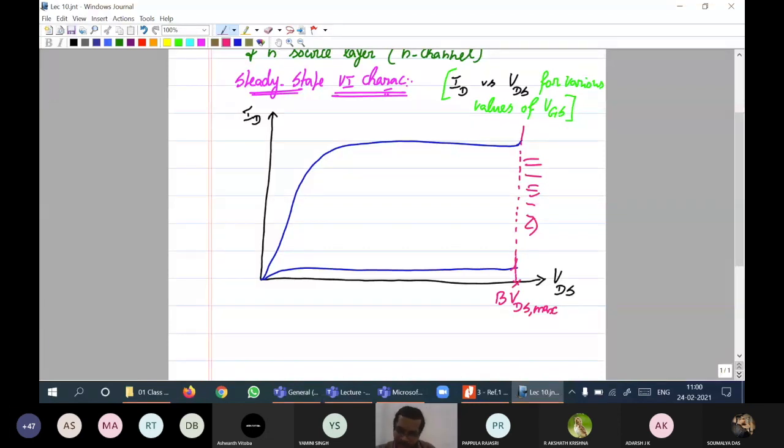Beyond that, we don't operate. Not preferred. Runaway, that is the perfect term. When you operate the MOSFET, or the power BJT, beyond that maximum voltage, the device suffers from thermal breakdown, the thermal runaway problem. So we normally operate the MOSFET within this region.